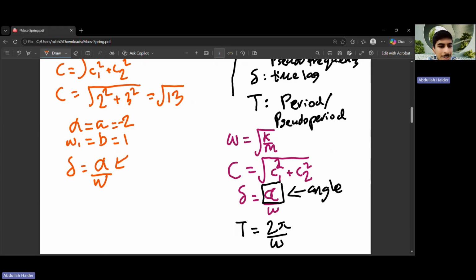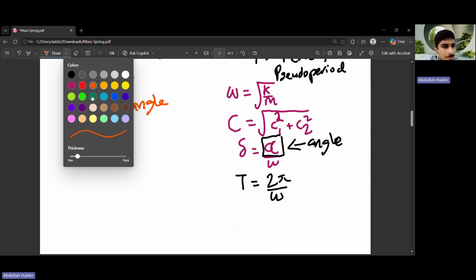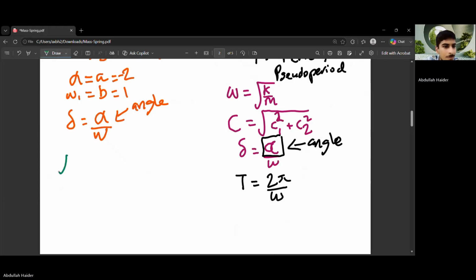And as I said before, this alpha is the angle, not A. So how to find this alpha? Alpha, also known as the angle, is equal to tan inverse C2 over C1.